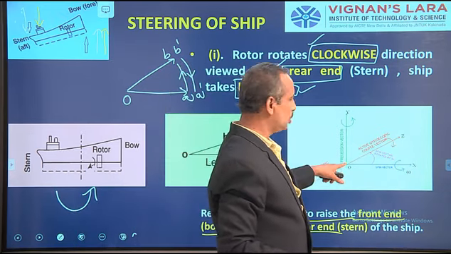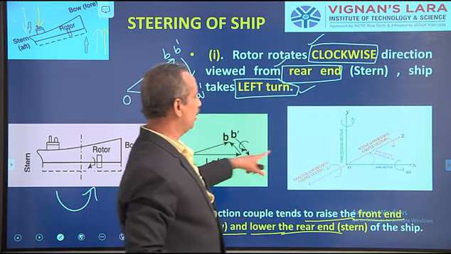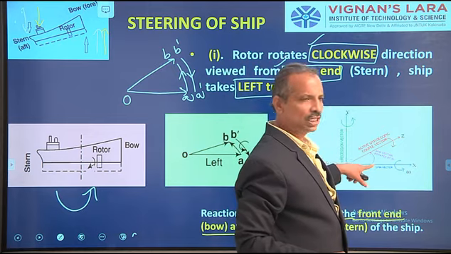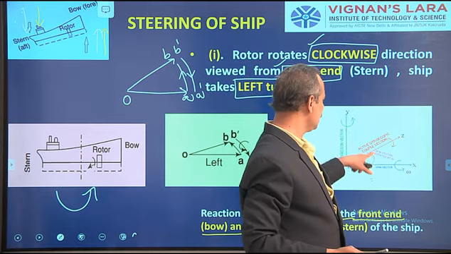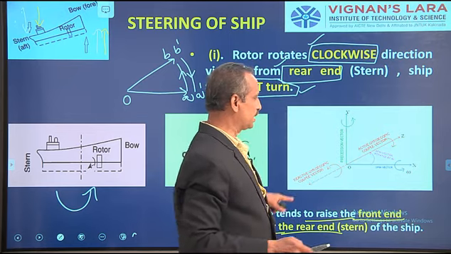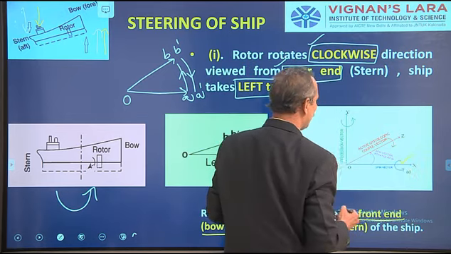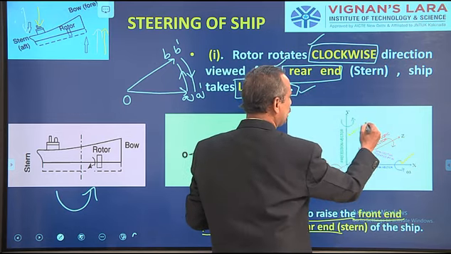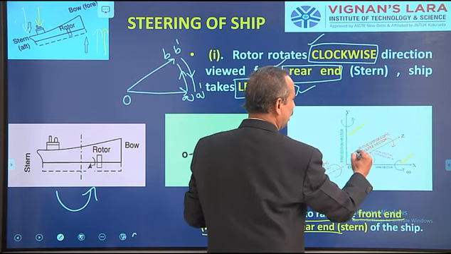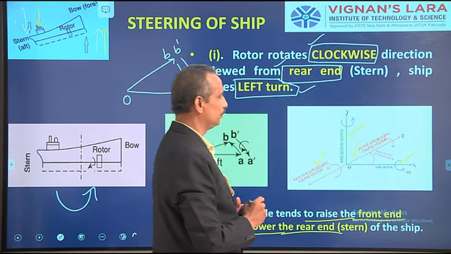So you can watch here the same phenomenon that I have explained. I have shown the complete thing with respect to spin axis, precession axis and gyroscopic axis. This is my spin axis and this is my precession and this is my active gyroscopic, then this is my reactive gyroscopic.